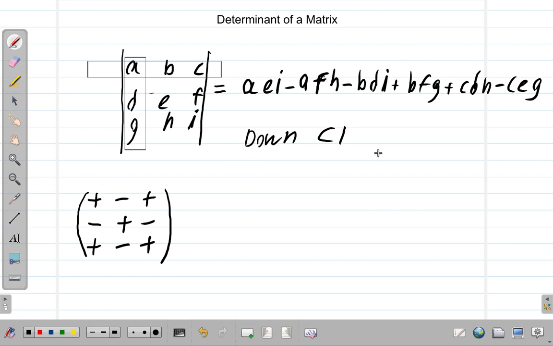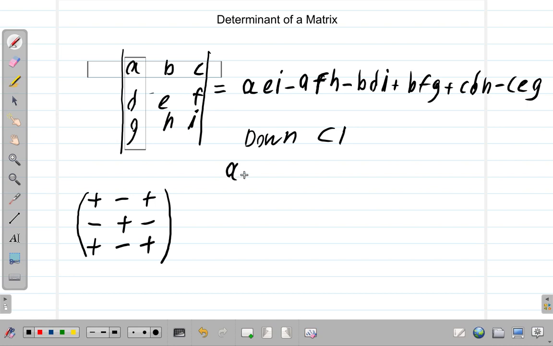Now, what we did earlier was called a minor, when we were writing the 2x2 matrices multiplied by the elements. That was called a minor, M-I-N-O-R. But anyway, let's continue.